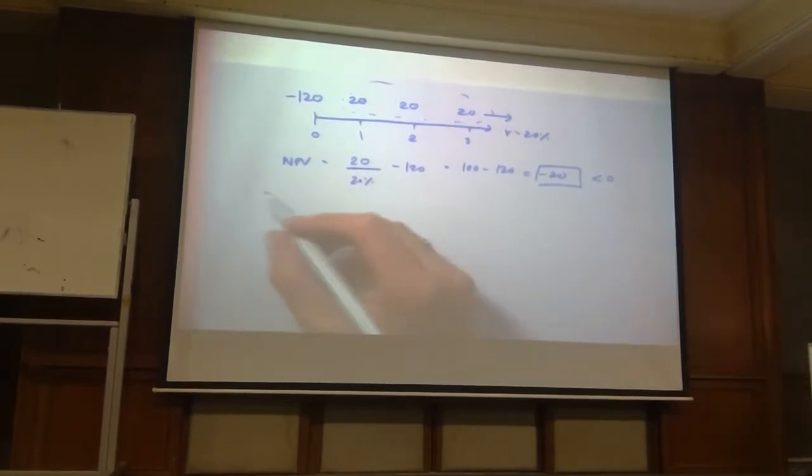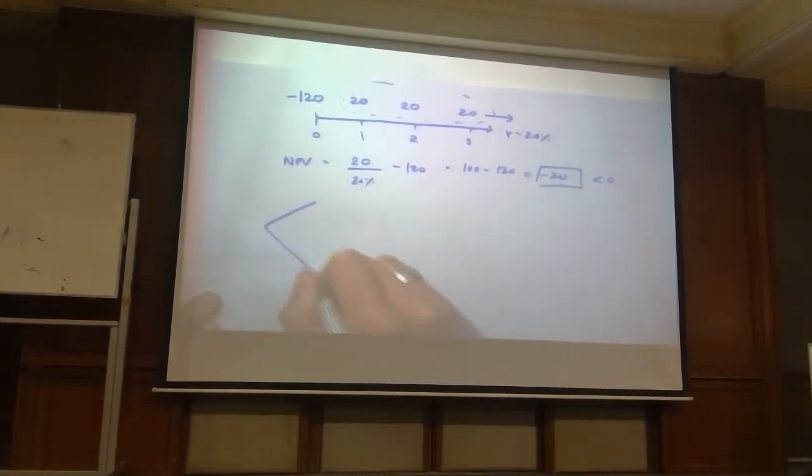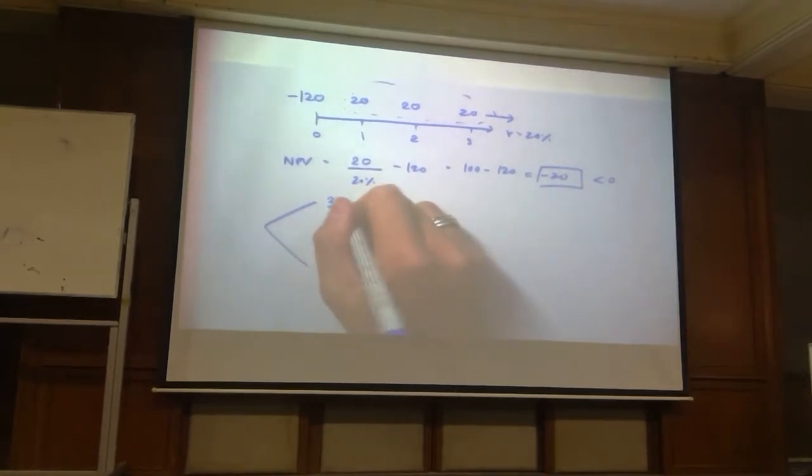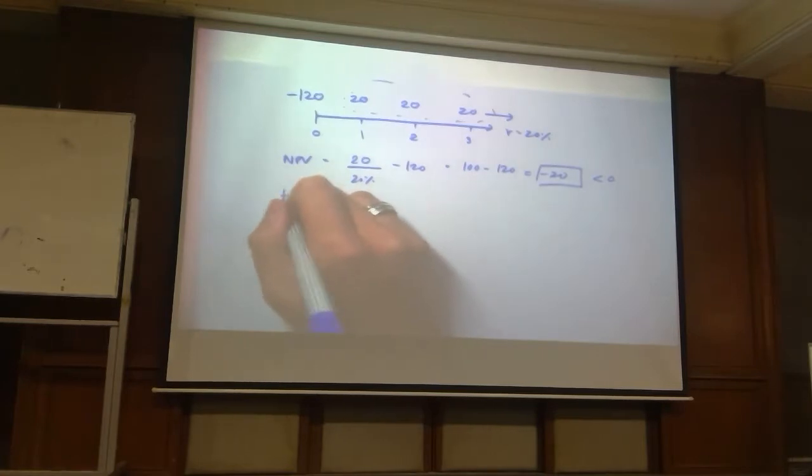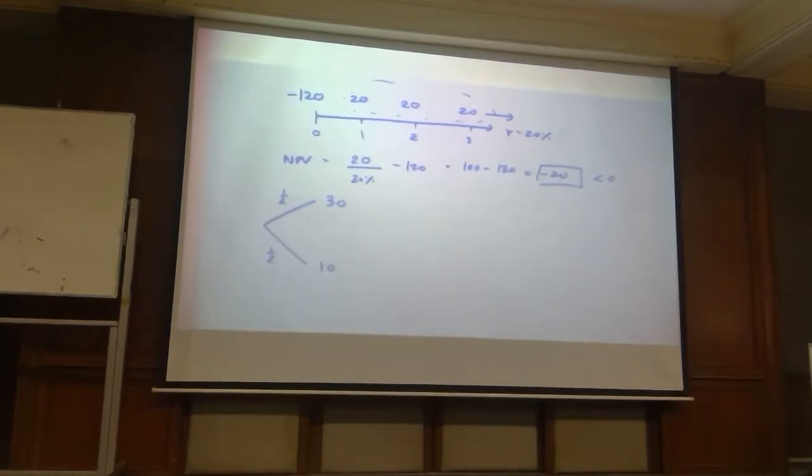So your 20 comes from the fact that there are two equally likely possibilities of 30 million per year or 10 million per year with equal probability. We know from statistics class that the expected value of this is 20.